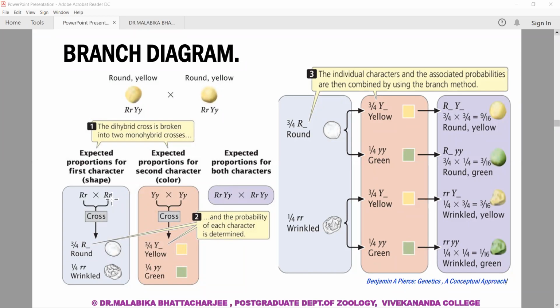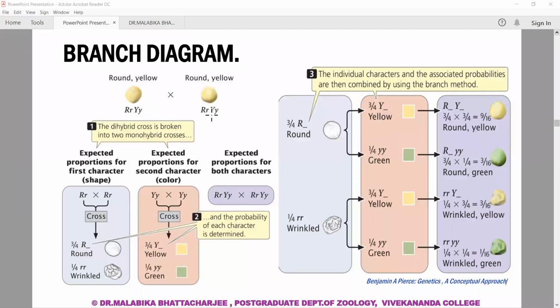You have done this Mendelian monohybrid ratio in your 11-12. So from this individual cross, we can say that the probability of having round seeds is 3/4 and the probability of having wrinkled seed is 1/4. Now we calculate the individual probability of the cross between a yellow seed with another yellow seed.